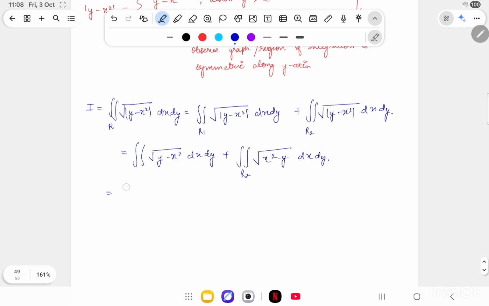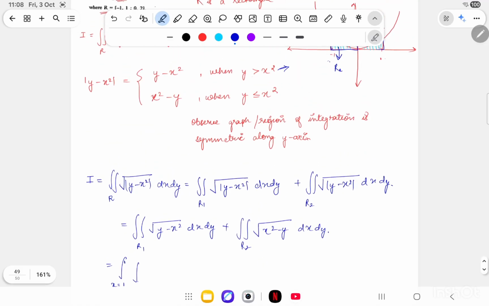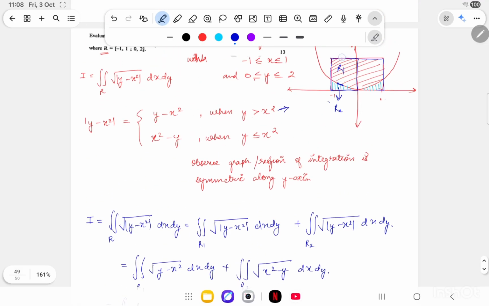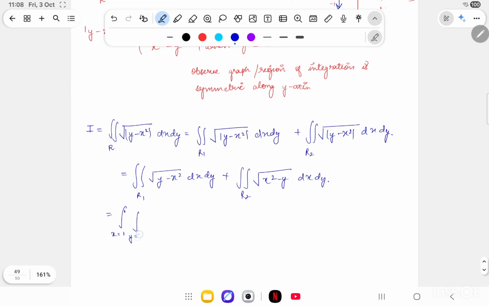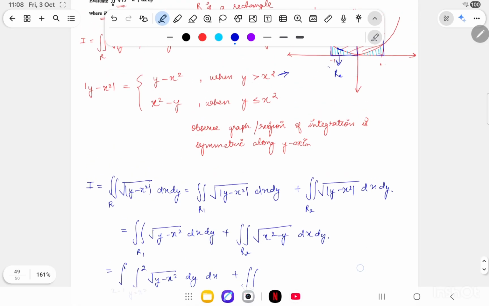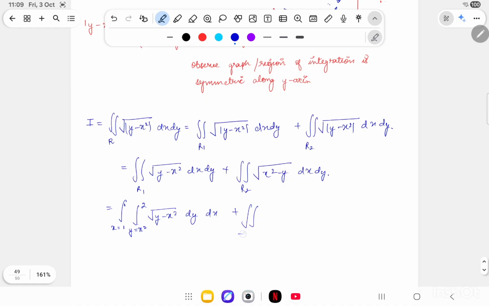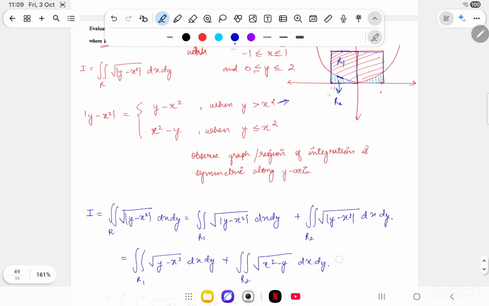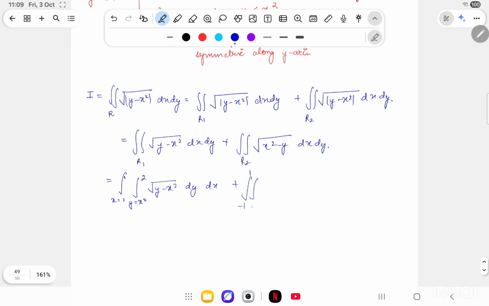The limits: x varies from -1 to 1, and over R1 y varies from x square up to 2, under root y minus x square dy dx, plus over region R2 x again varies from -1 to 1 and y varies from 0 to x square, under root x square minus y dy dx.